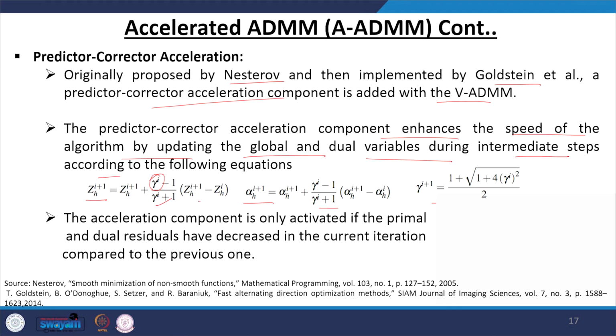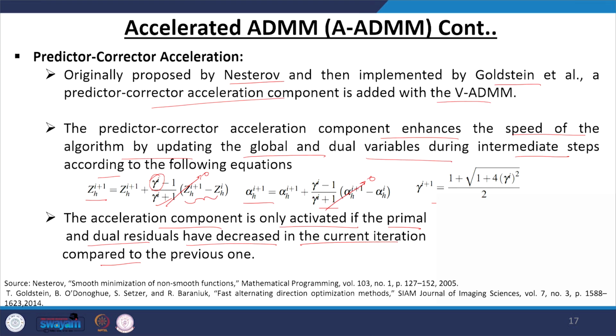So, that will update your global and your dual variables by following this equation. If your consensus is attained, then this component will become 0. So, whatever values you have at present, that is your optimal value. But if not, the acceleration component is only activated if the primal and dual residuals have decreased in the current iteration, which means you are going towards convergence.